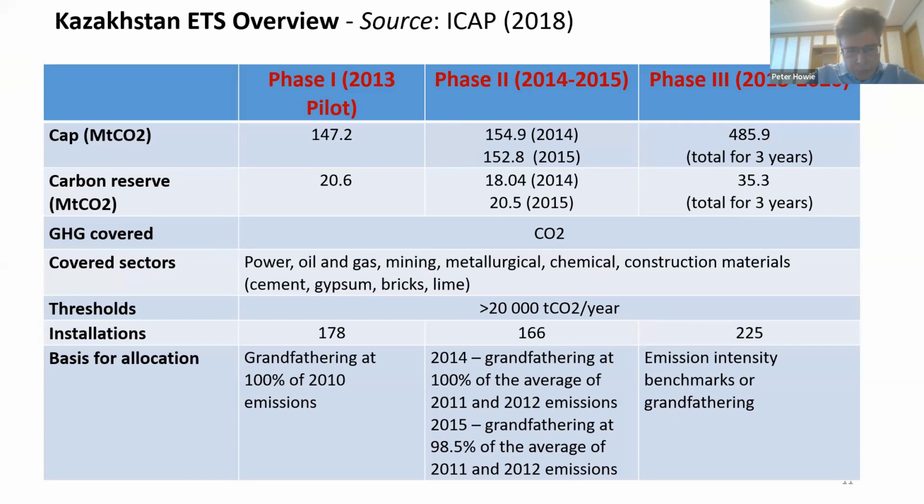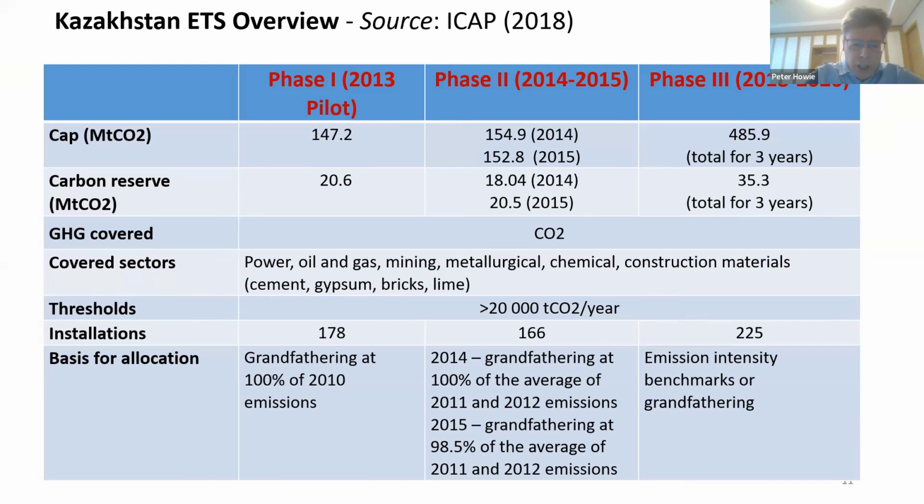In general, the only greenhouse gas that's covered by the emissions trading system in Kazakhstan is carbon dioxide, and the regulated sectors are power, which includes electricity and heat, oil and gas, mining, metallurgical, chemical, and construction materials.